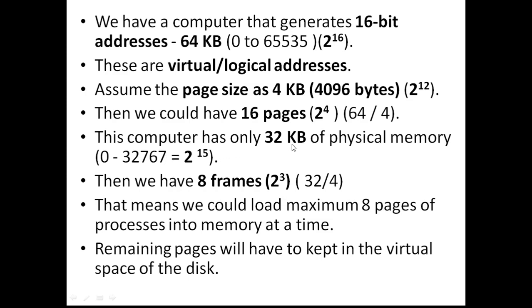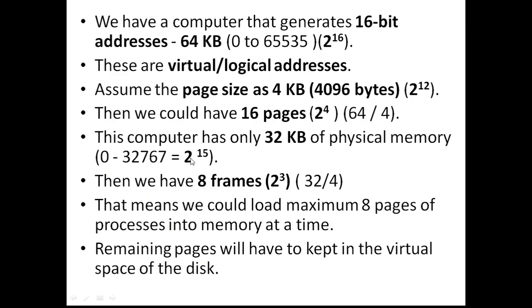So there are 32 KB of physical memory in the computer. Once again you can see that the size of physical memory is much smaller than the logical memory. This computer has got 32 KB of physical memory, which is equivalent to 32,768 bytes, starting from 0 to 32,767, and that means we need 15 bits.